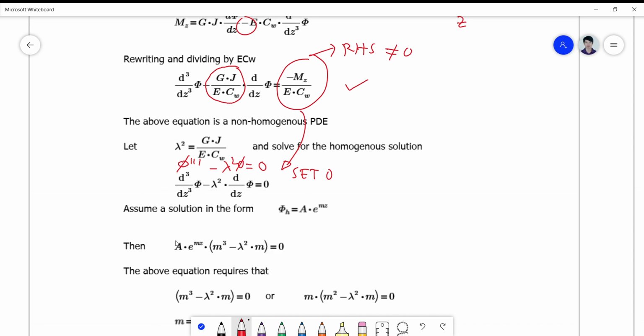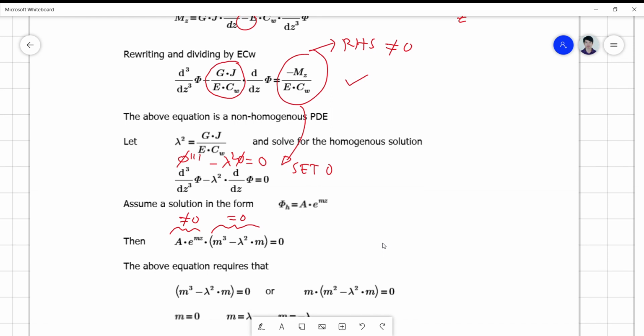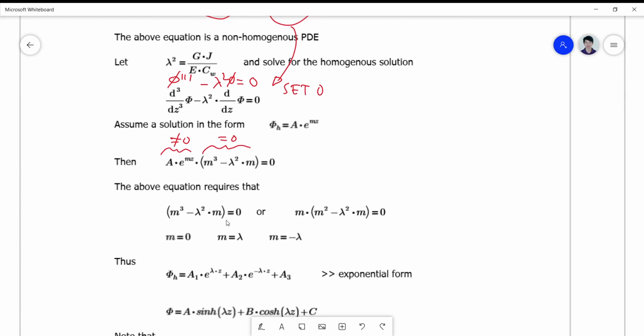We cannot make A equal to 0 because you will have a trivial solution. So we equate the rest to 0, and the above equation requires that we simply factor out m. Our roots will be three roots because this is a cubic equation. So we have m equals 0 and m equals positive and negative lambda.